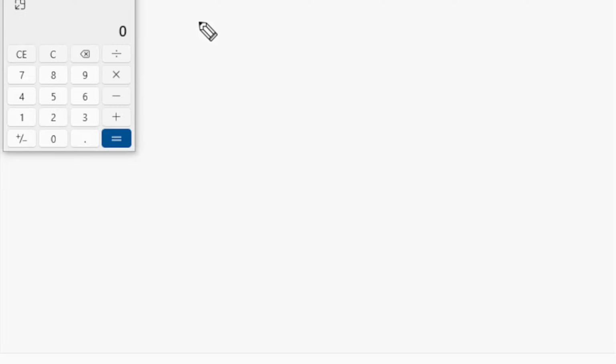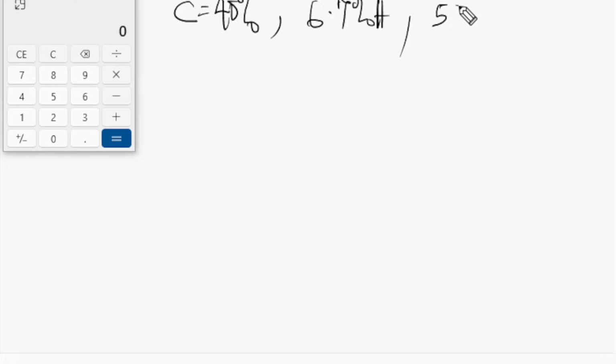So we have a compound having 40% carbon, 6.7% hydrogen, and 53.3% oxygen.